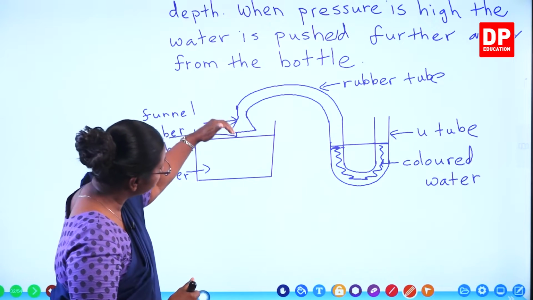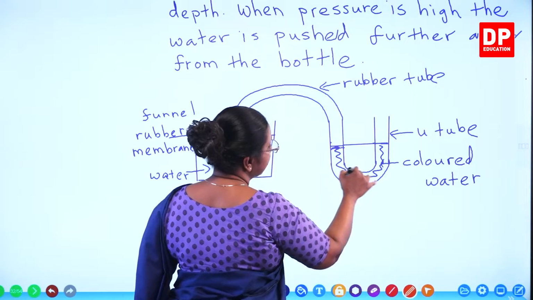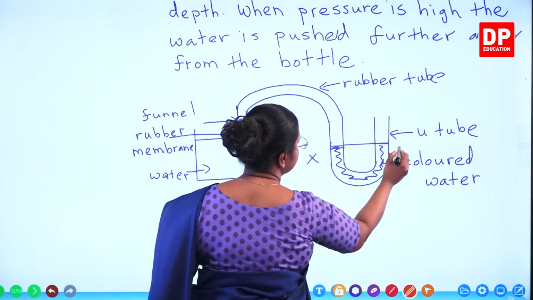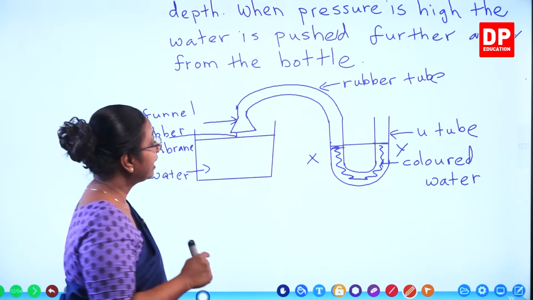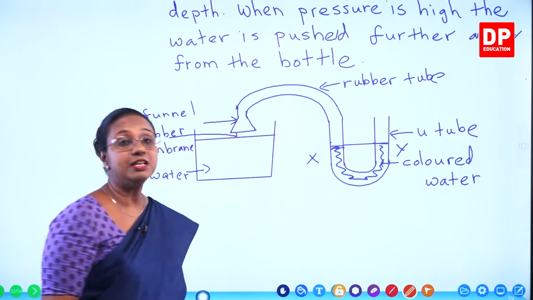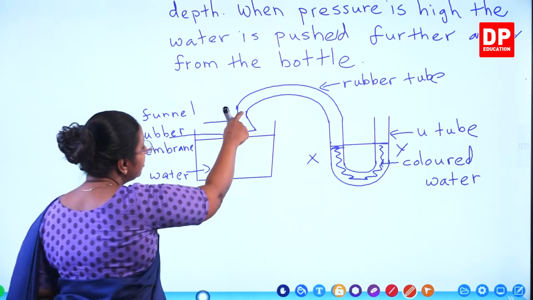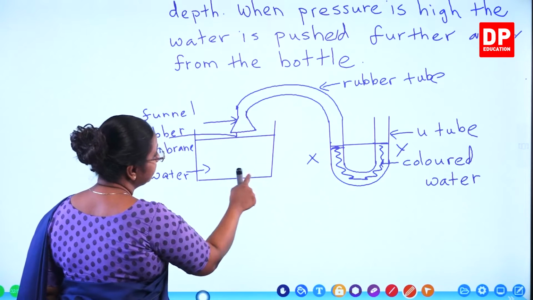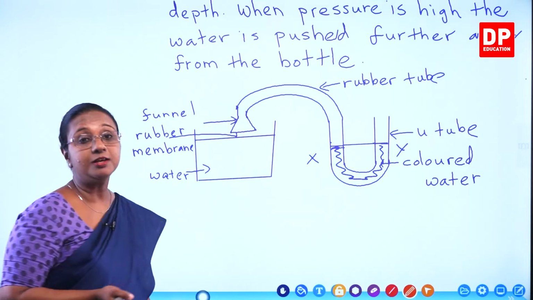When it goes down, you can see the water levels changing in these two arms. If we label them as X and Y, as you push the funnel down, you can see the water level decreasing in X and increasing in Y. The reason is that when you push the funnel down, the water exerts a pressure onto the membrane of the funnel.